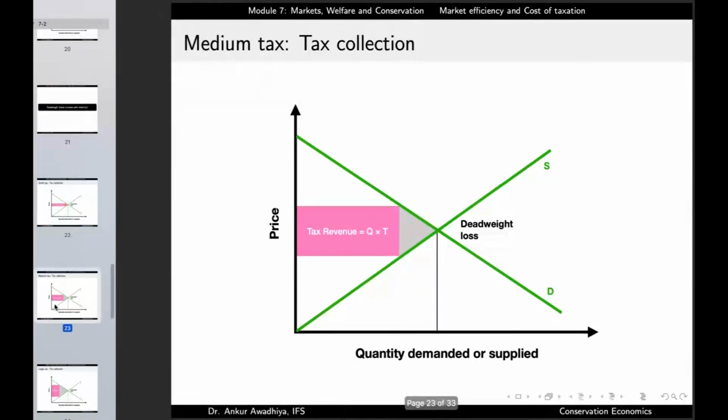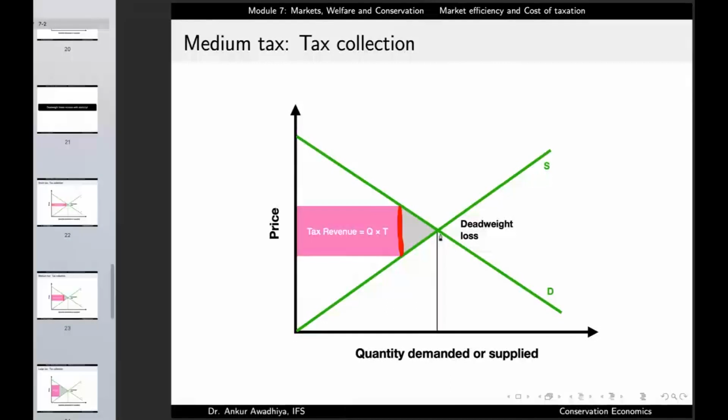Now, if government increases the value of T, that is, the government is increasing the tax size, so now we have this much of T. Now what happens? When T is increased, Q decreases because with more and more taxation, it becomes less and less lucrative for the buyers and the sellers to undergo the transaction.